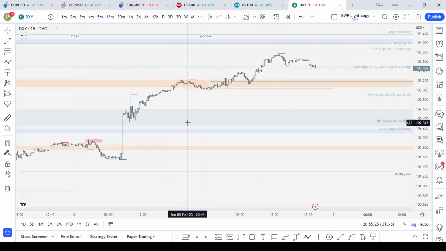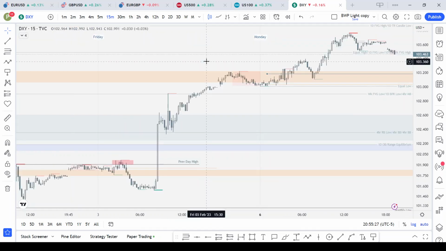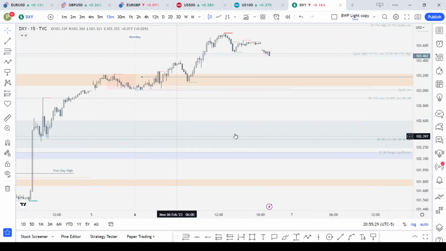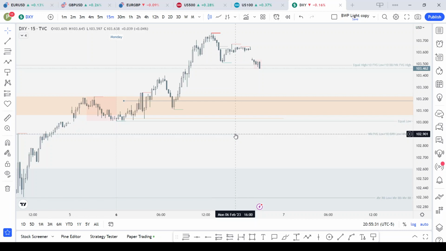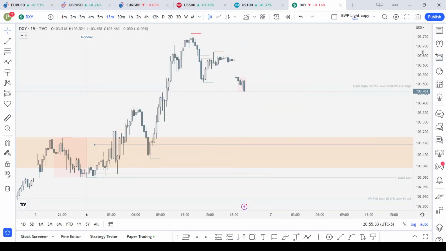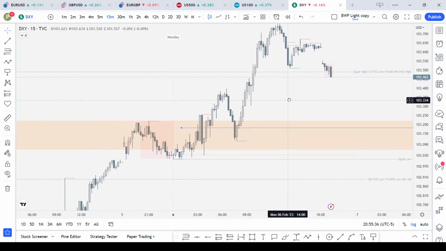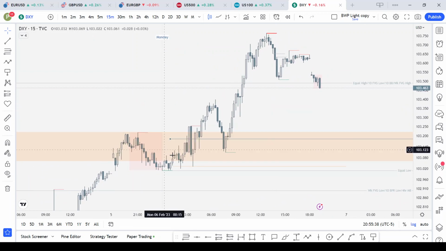Yeah, 15 minutes. So on the 15-minute time frame, we have what looks like a market maker sell model to take out this low and perhaps use this series of down close candles as support.